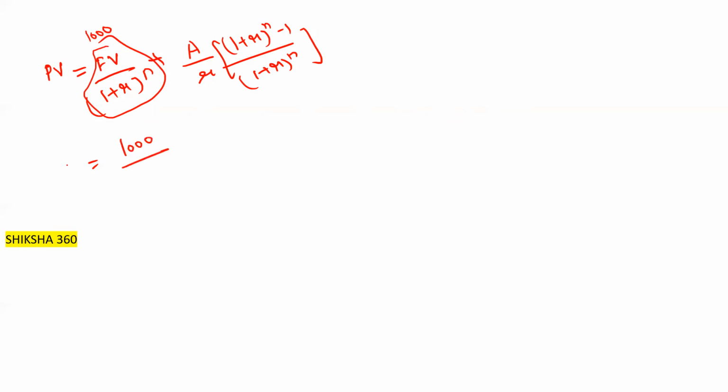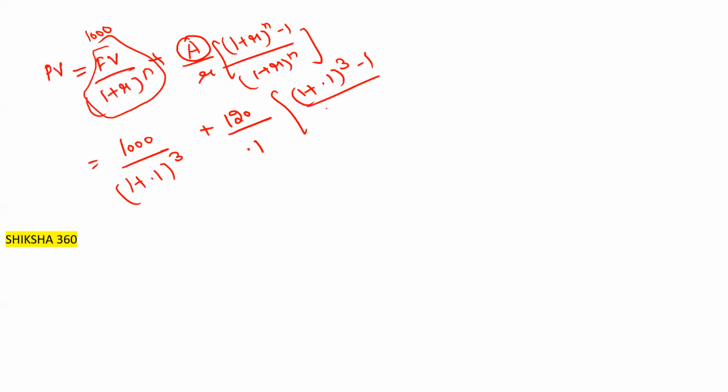The first part is for the 1000 rupees, which you get back in the third year, so n is equal to 3. Annually you will get 120 rupees, so 120 upon 0.1 into 1 plus 0.1 power 3 minus 1 upon 1 plus 0.1 power 3.